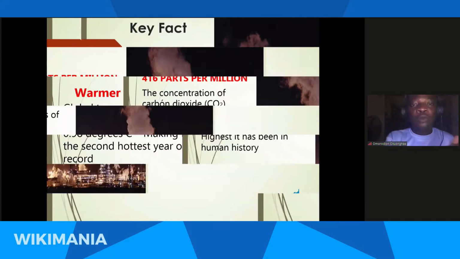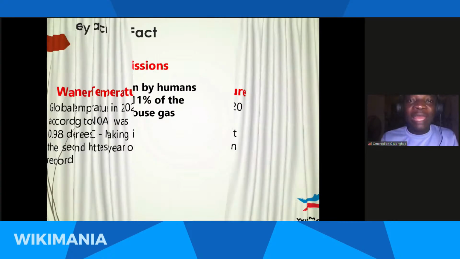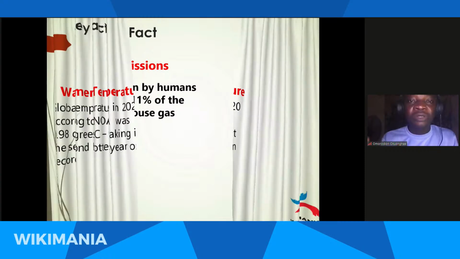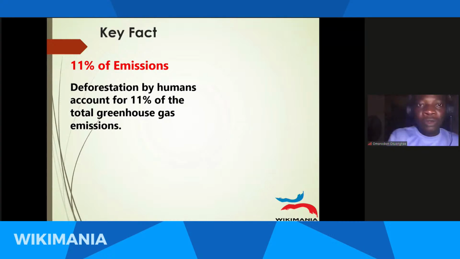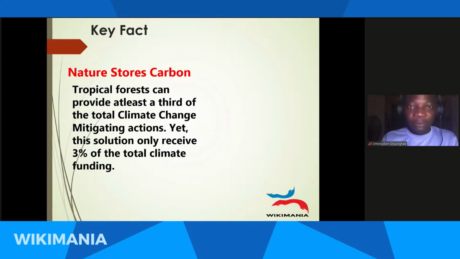So part of the facts we have seen, which I've already mentioned earlier, is for the total greenhouse gas emission. Because of my time, I'll just quickly run through. Tropical forests can provide at least a third of the total climate change mitigation actions. A third of the total climate change mitigation action.